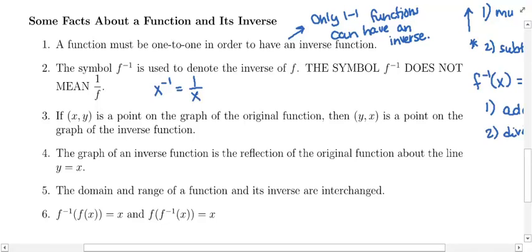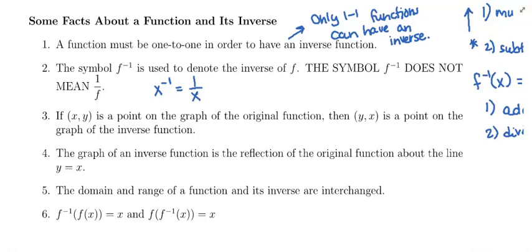But if you have a function name and it looks like it's raised to the negative 1 power, that's not what's going on. That is just indicating f inverse. When you see that, it is not 1 over f.